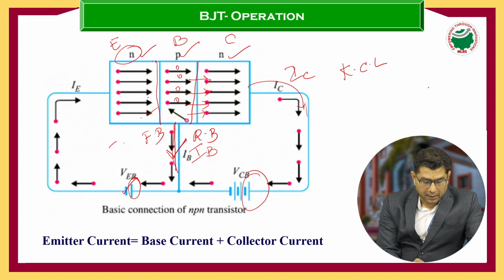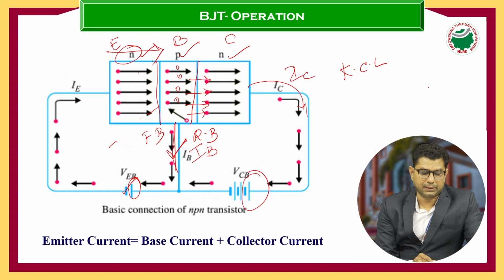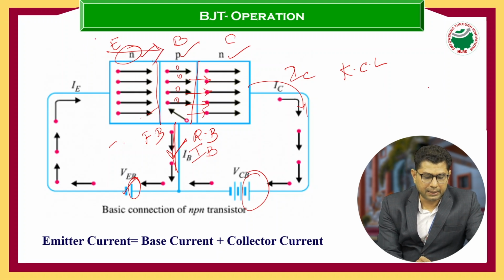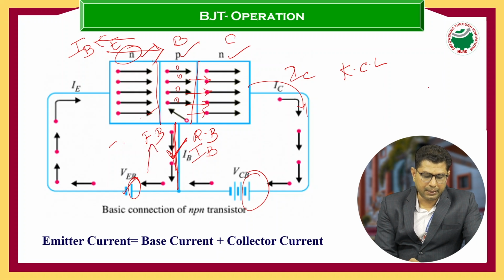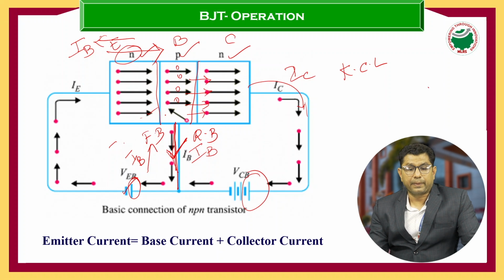When we consider the emitter base junction, from the emitter the electrons are moving in this direction. That's why the direction of the conventional current is in this direction. When we consider the base, the electrons are moving downward, so the base current direction is upward.